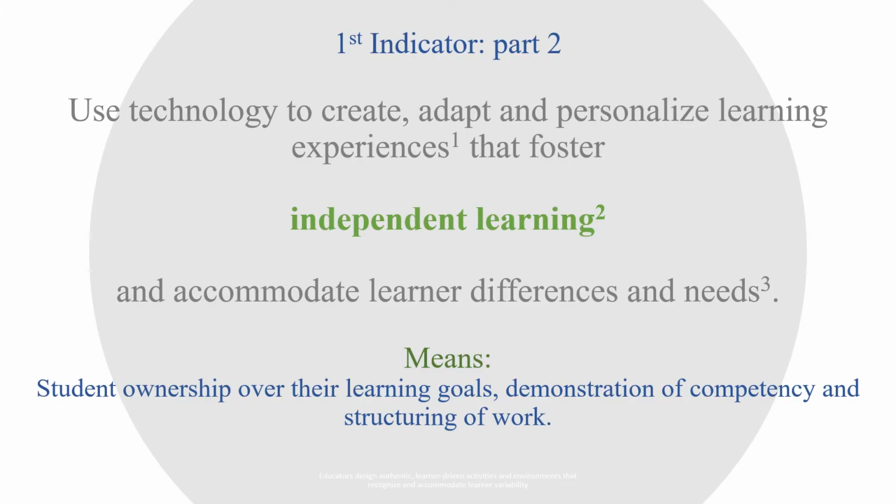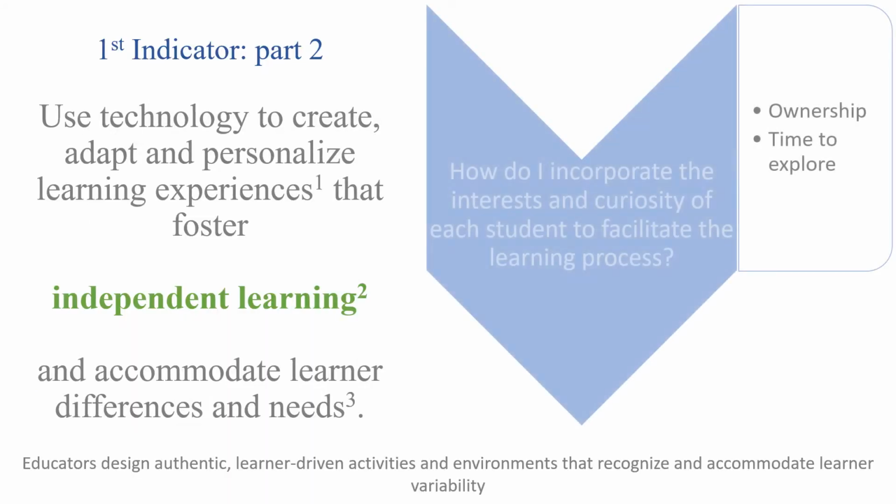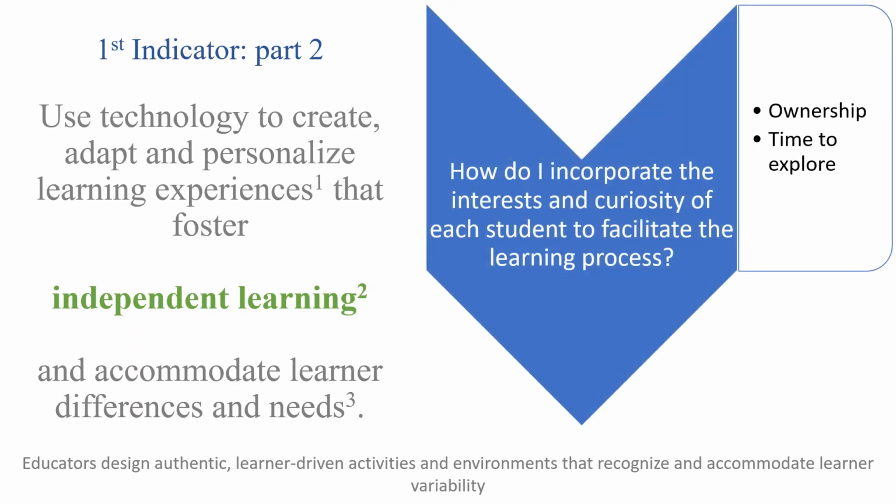Diving deeper into this indicator, part 2 of the indicator, which is foster independent learning. This means student ownership over their learning goals, demonstration of competency, and structuring of work. A question to consider.